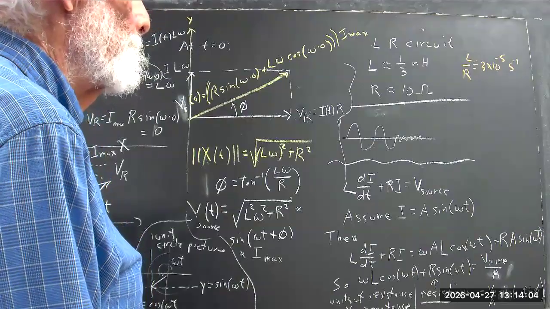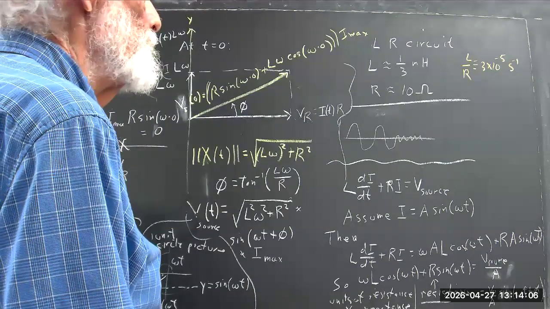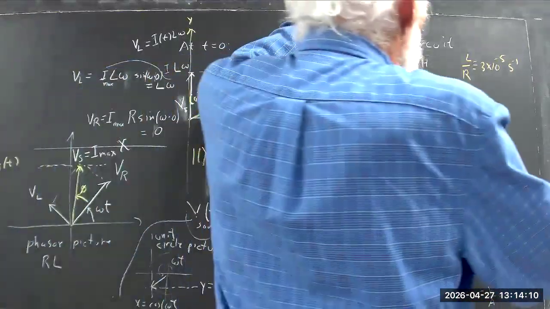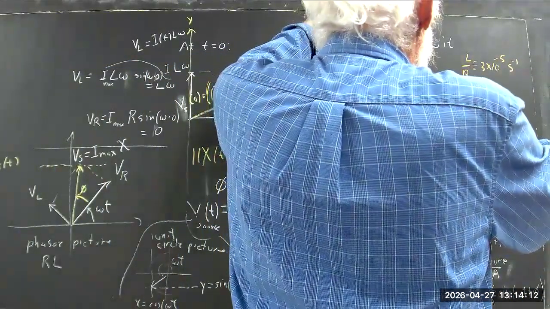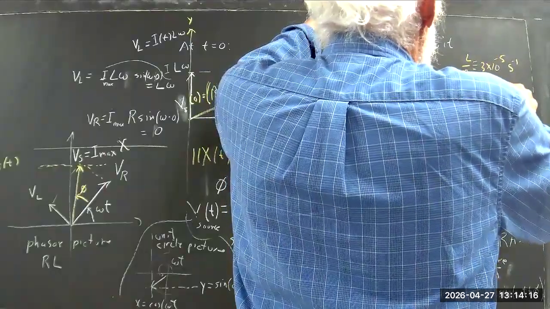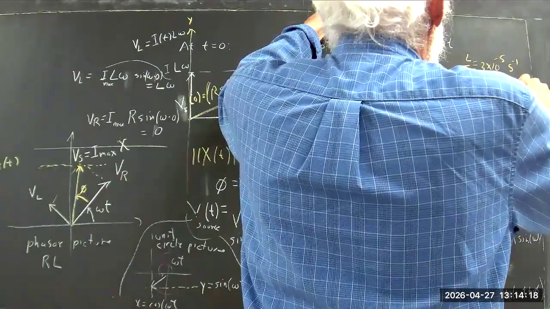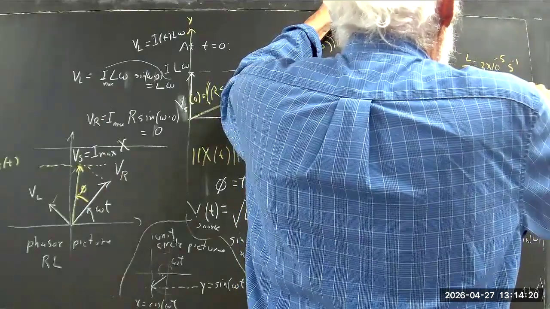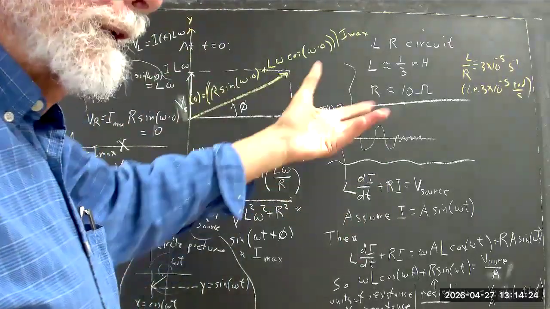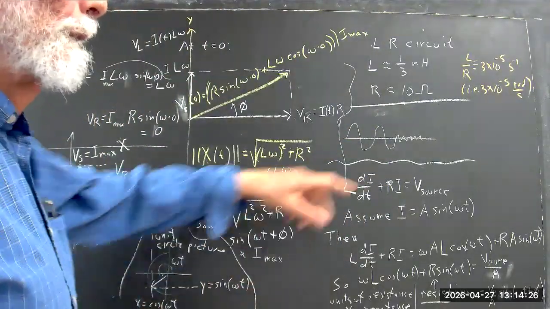Now compare that. And that's like 3 times 10 to the fifth. Think of it as 3 times 10 to the fifth radians per second because that's the way it works out.